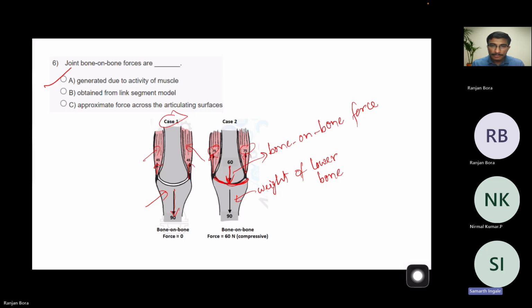So the arrow should be upward. No, if the lower bone is exerting force on the upper bone, then it will be downward. This 60 Newton is not produced because of the lower bone. It is produced because of the excitation of the muscles. So muscle forces are acting in the upward direction. That's why this 60 Newton is acting in the downward direction on the upper bone. Okay.